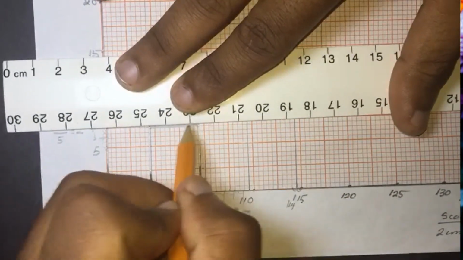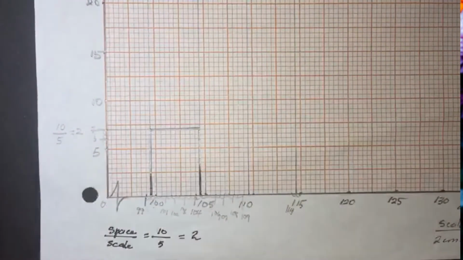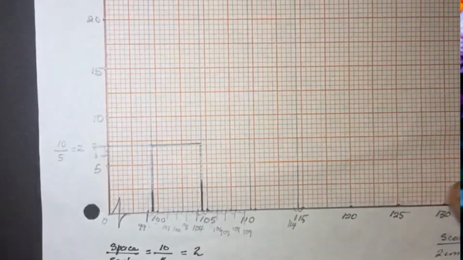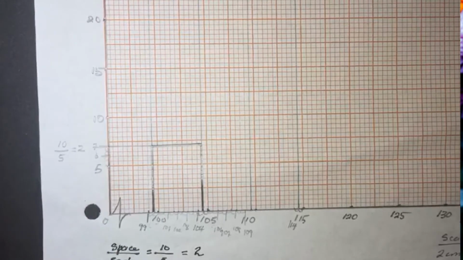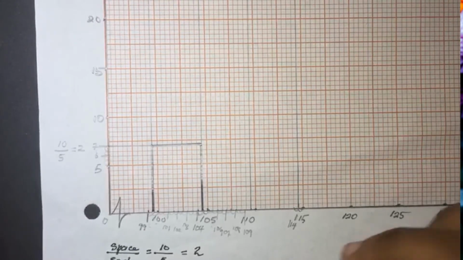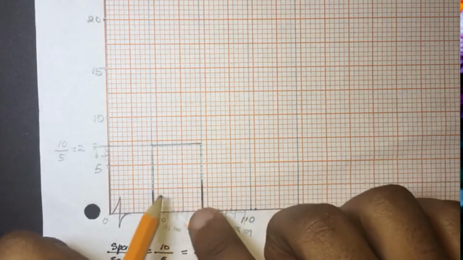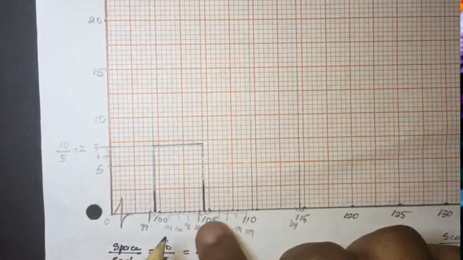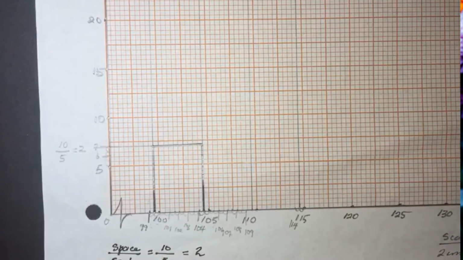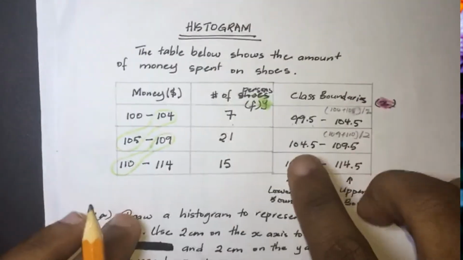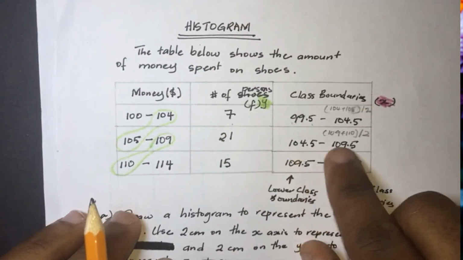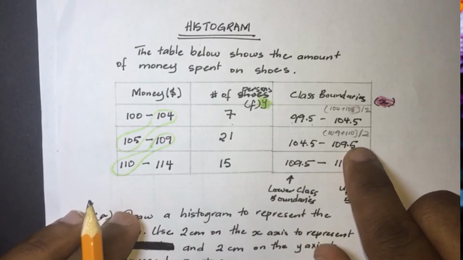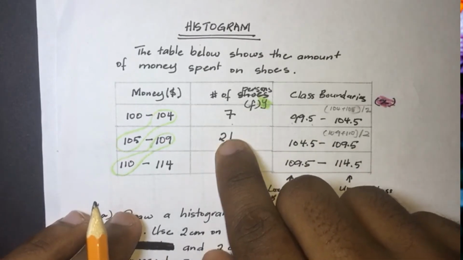So when I look at it, for this class boundary, it stops at 7. So I need to go and do the other class boundaries. So when I look at the next one now, for 104.5 to 109.5, the frequency is 21.